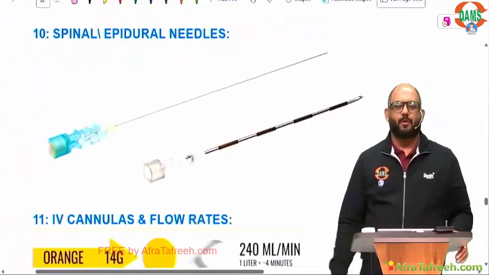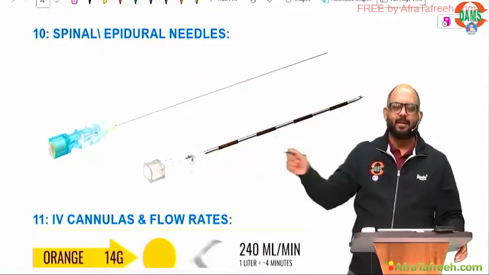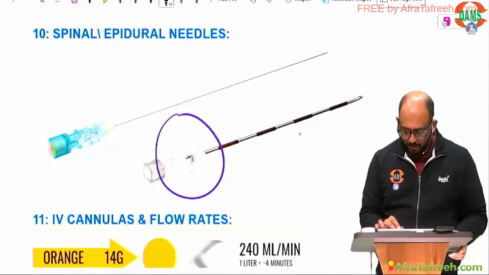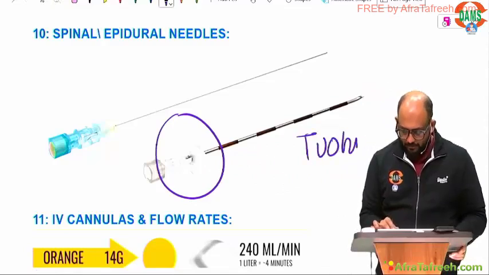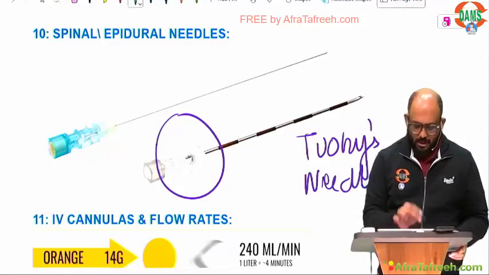This is straightforward. This is a spinal needle, thin. This is an epidural needle, which is thick and has a handle. This epidural needle is called Tuohy's needle. Shorter, stouter.